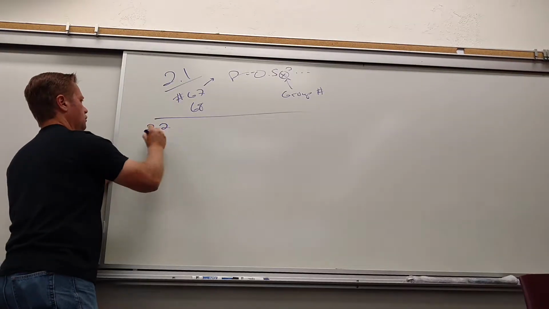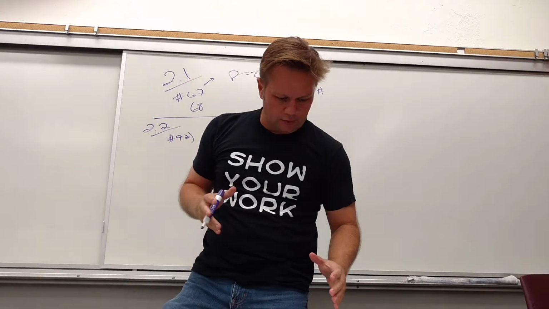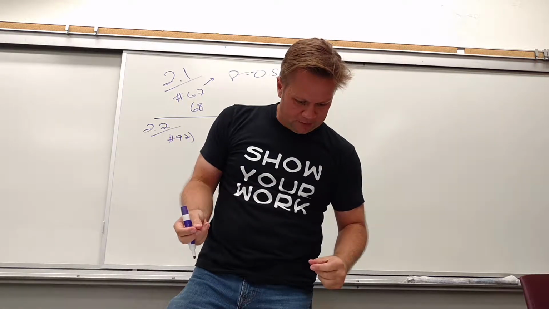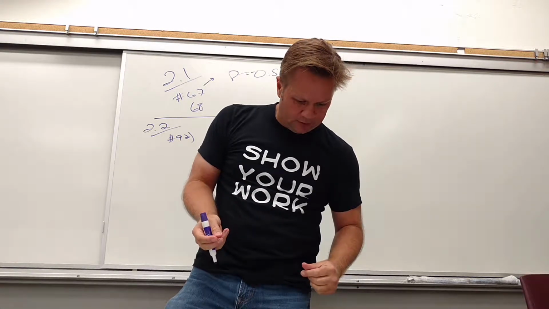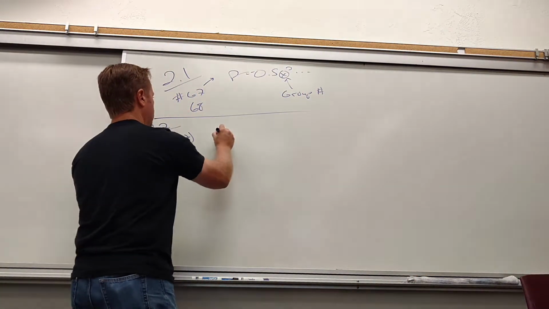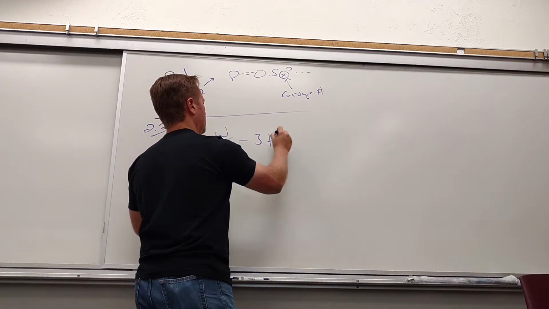So guys, this is 2.2 number 92. They give you this formula for the healthy weight versus how tall you are.